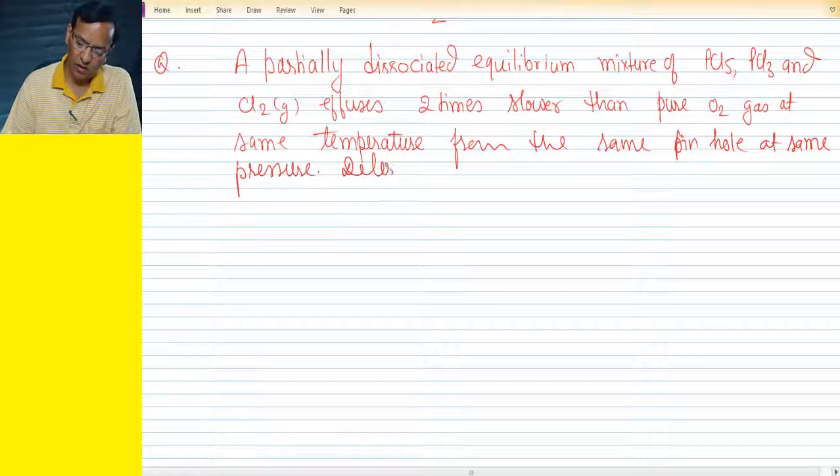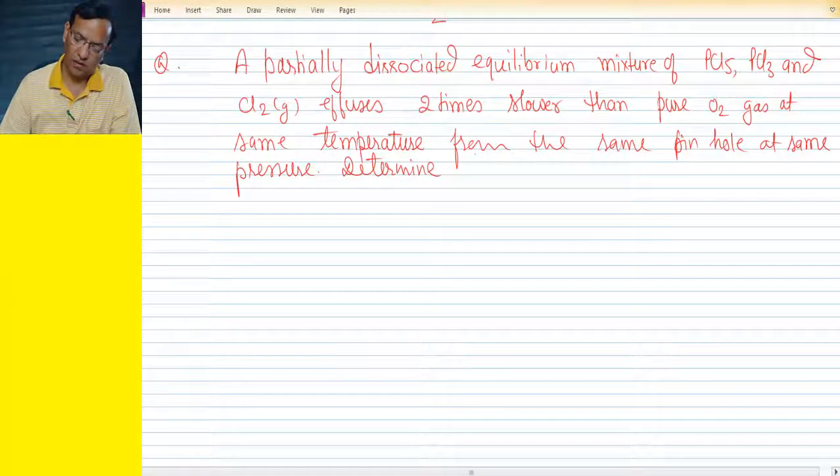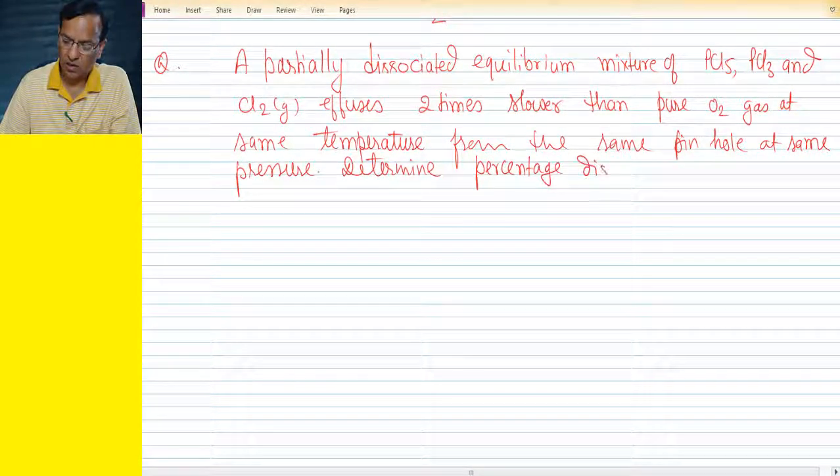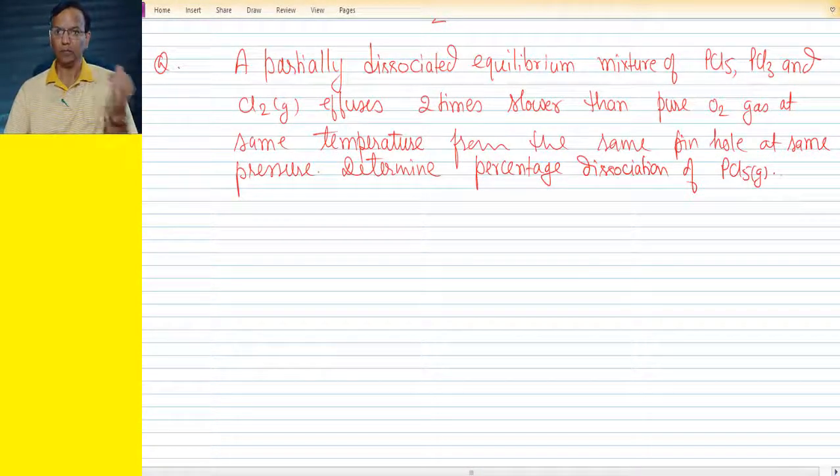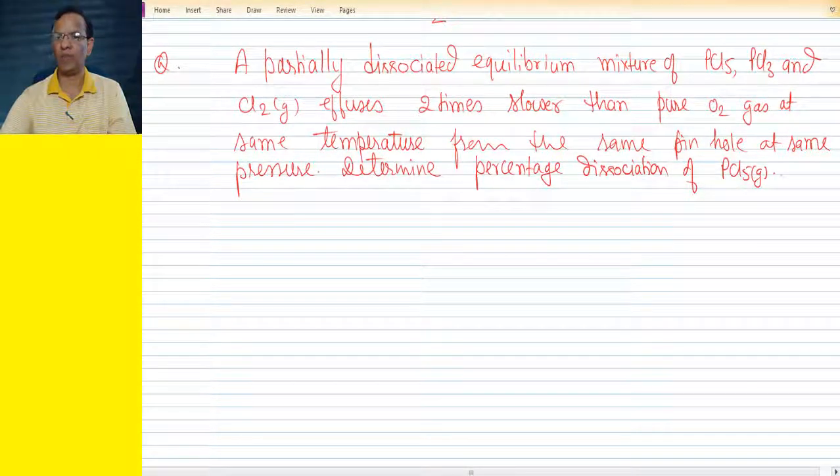Determine the percentage dissociation of PCl5 gas.